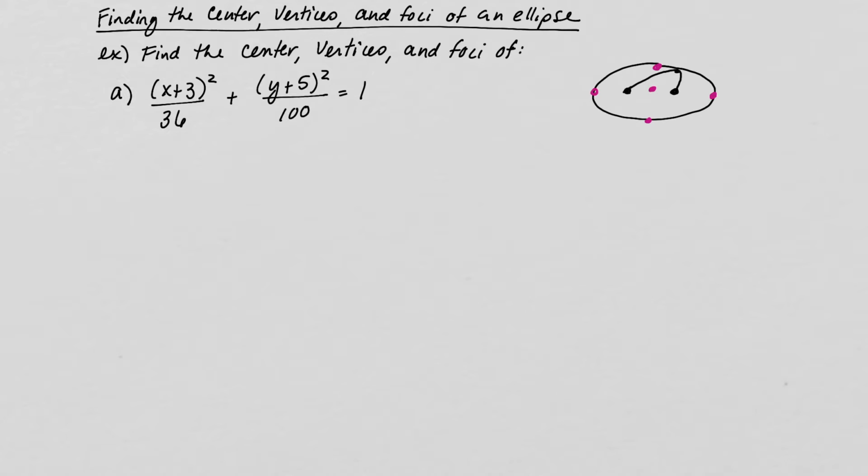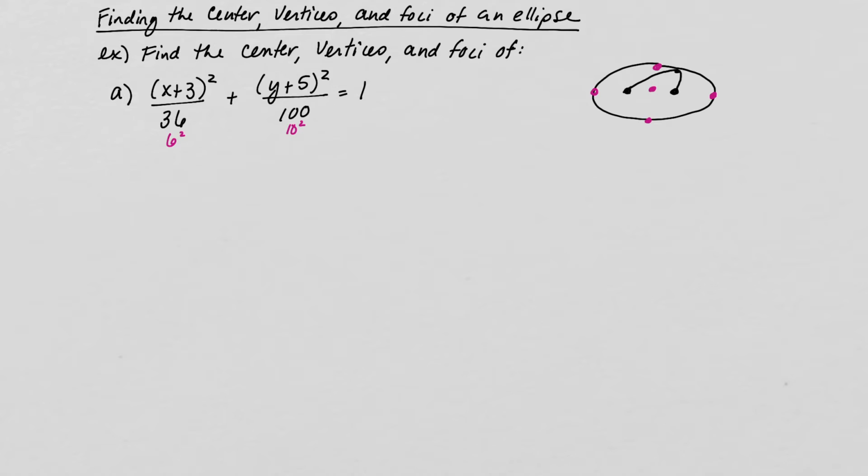The important thing is that a is bigger than b. So we always want to figure out which of the bottom numbers of our fractions is bigger. The bigger one here is the 100, and we can think of 100 as 10 squared, and 36 as 6 squared.